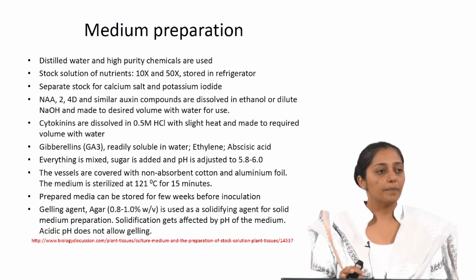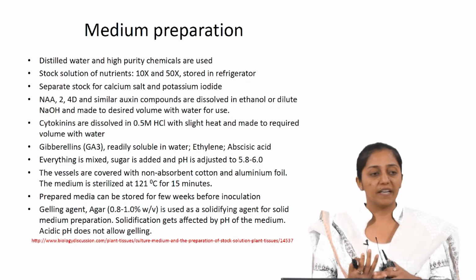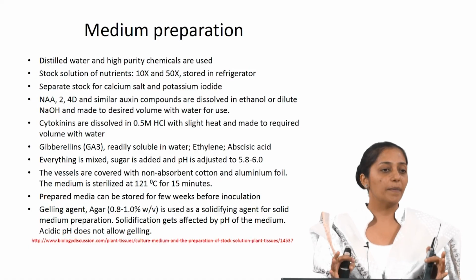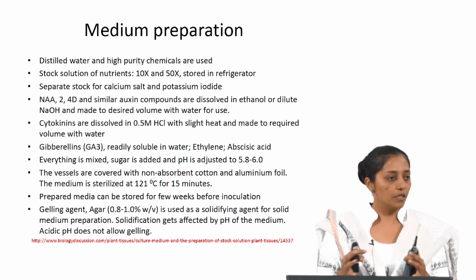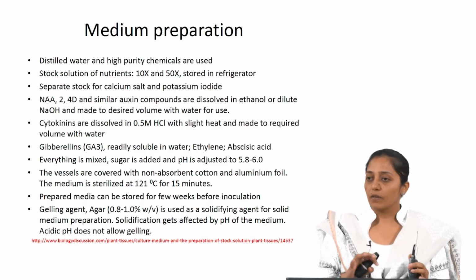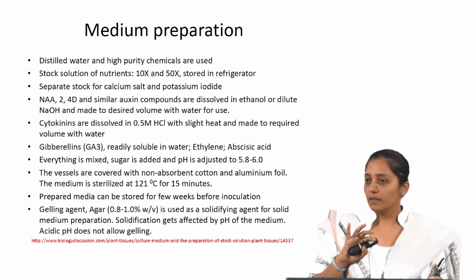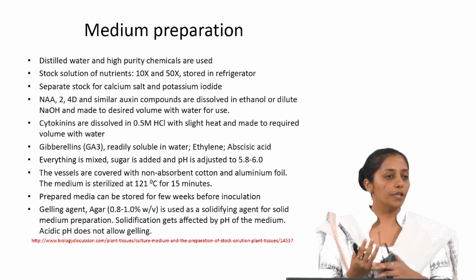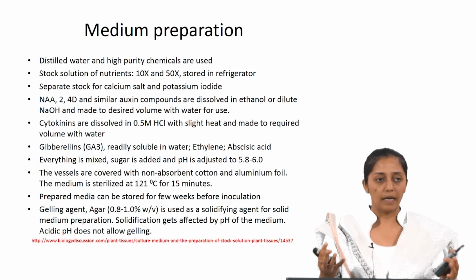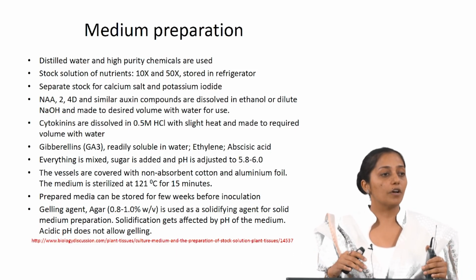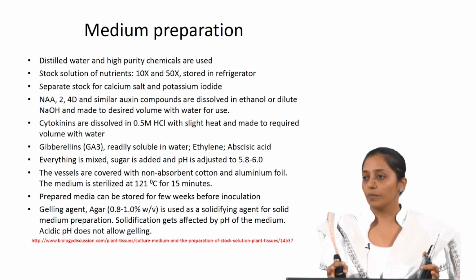So, how is the media prepared? Generally these are the recommended guidelines. You use 10x to 50x stock solutions of your major salts. Micro salts, including your iron, are made as stocks and autoclaved separately, and then they are mixed at diluted concentrations depending on your media formulation.